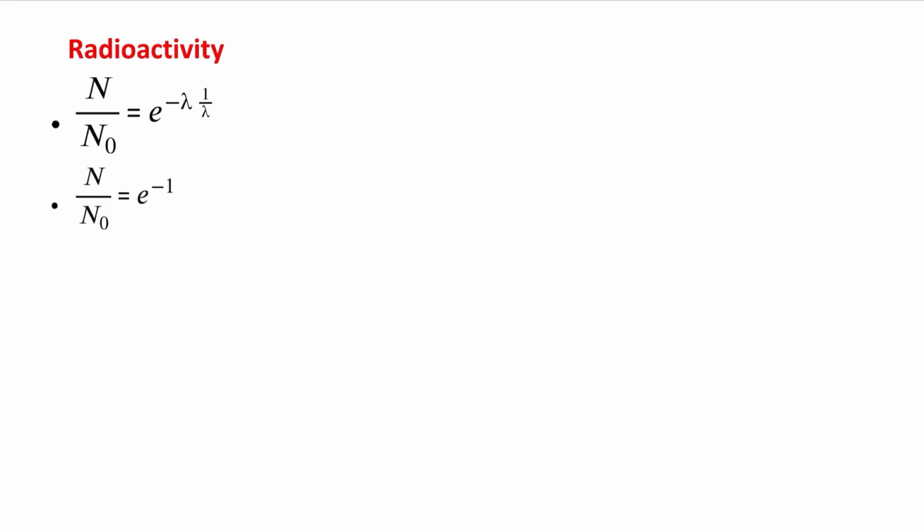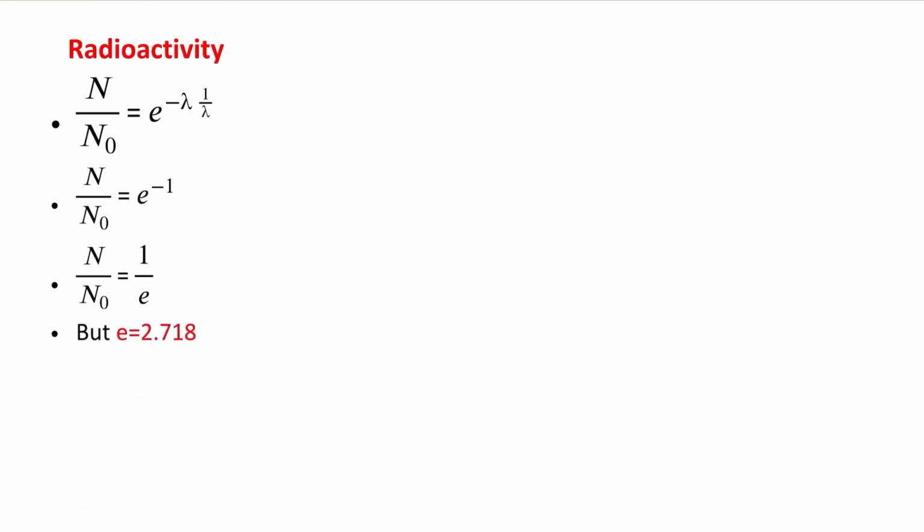So lambda in the numerator and denominator gets cancelled and we get N upon N0 is equal to e raised to the power minus 1. And so I can write N upon N0 is equal to 1 upon e.